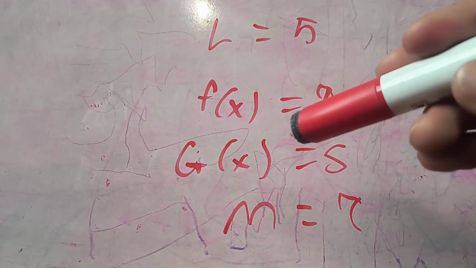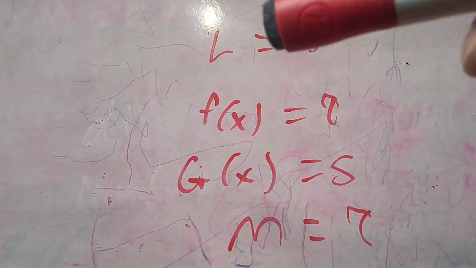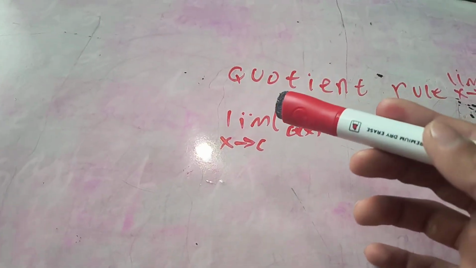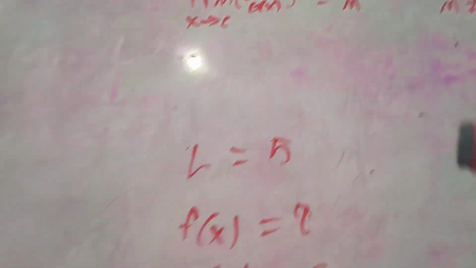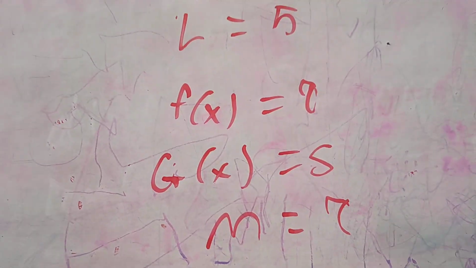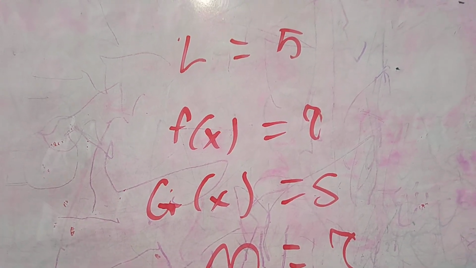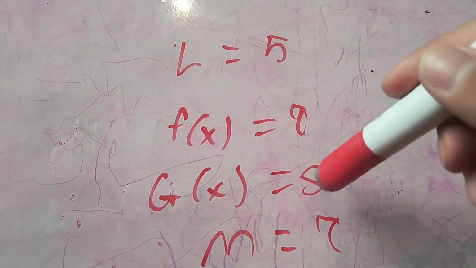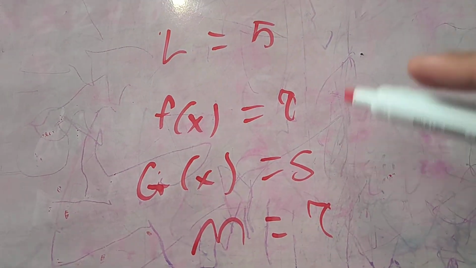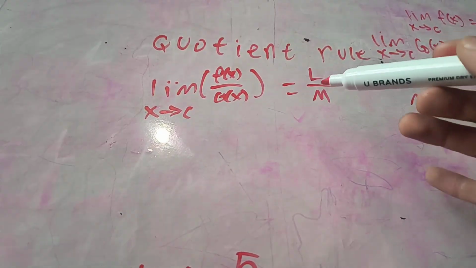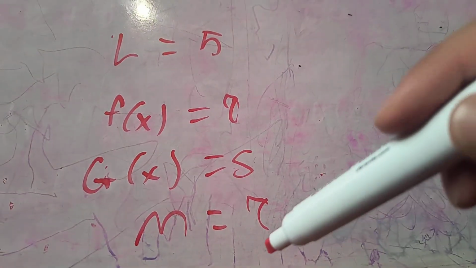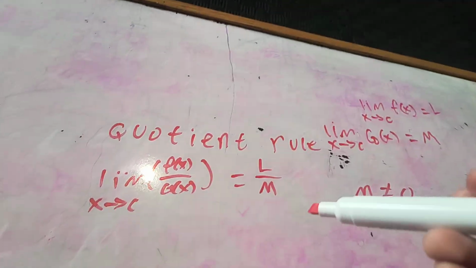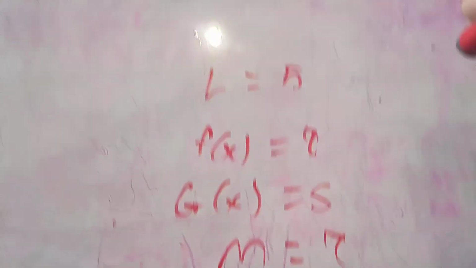But whenever you're taking the limit of f of x over g of x, that's just equal to the limit of f of x over the limit of g of x. So in this case, that is just equal to L over m.